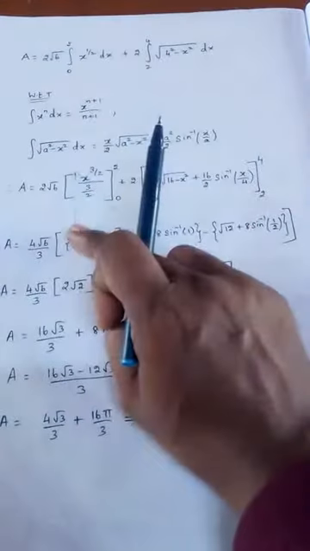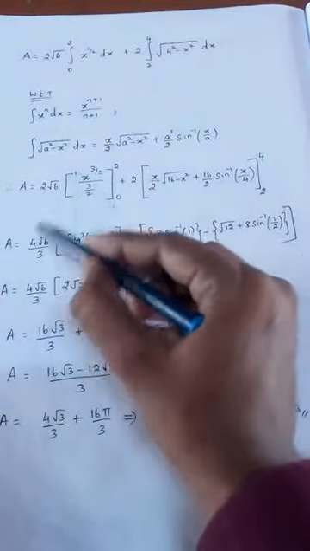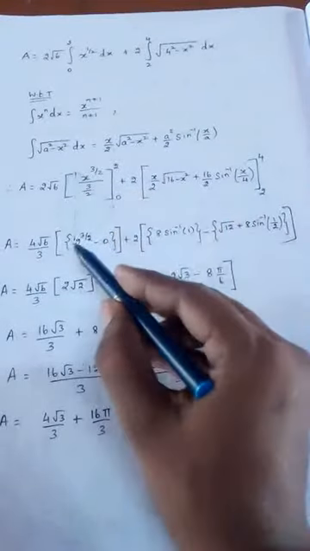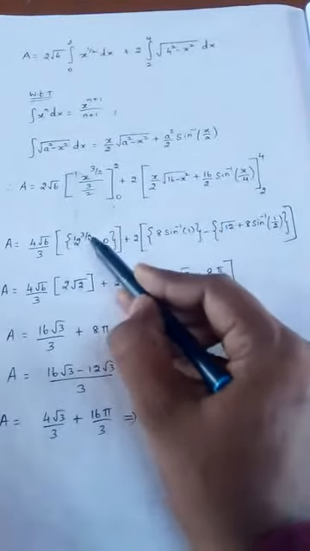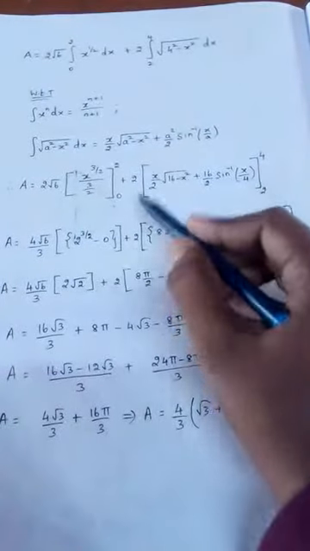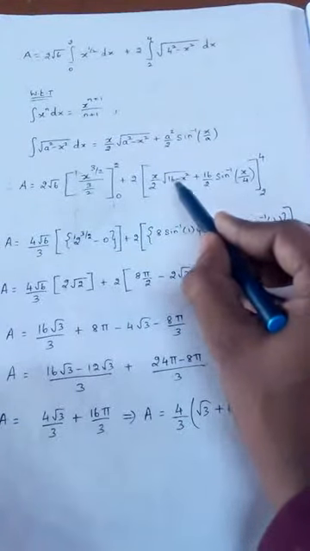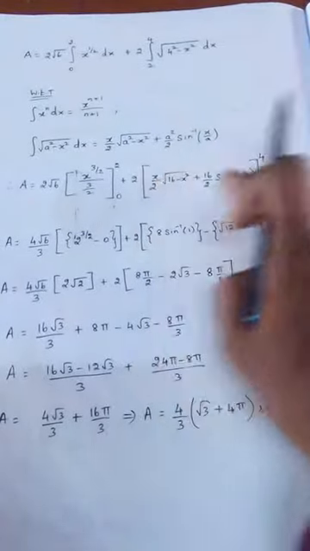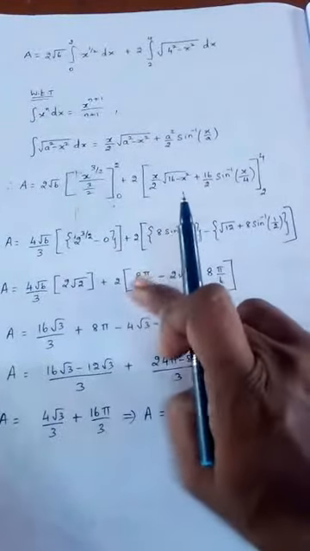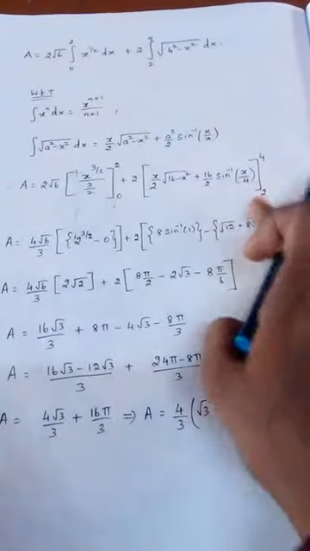Now apply the upper limit. Only x power 3 by 2 remains; substitute the upper limit, 2 power 3 by 2, minus the lower limit, which becomes 0. Same thing, 2, first substitute the upper limit. If you put 4 here, 16 minus 16 is 0, this will go. If you put 4 here, 4 by 4 is 1. So 16 by 2 is 8, sin inverse 1, minus the lower limit.